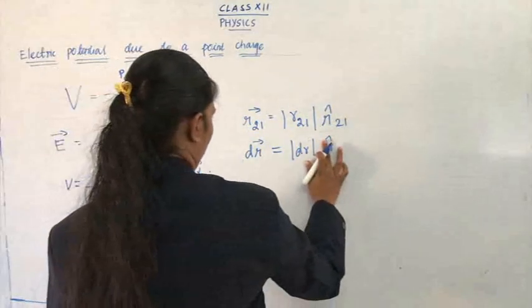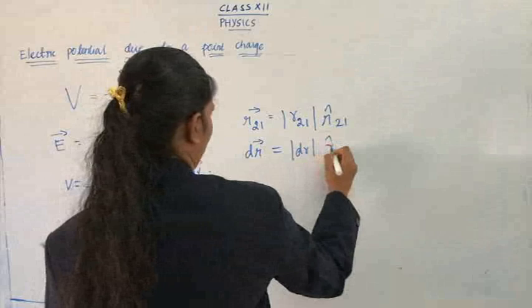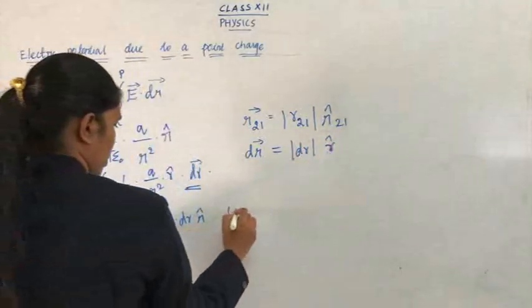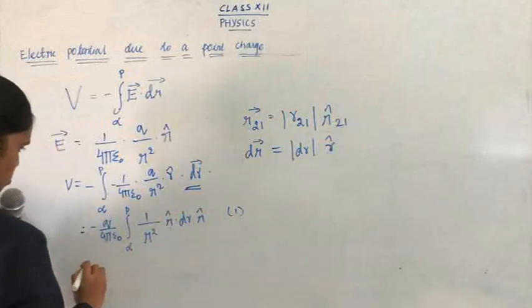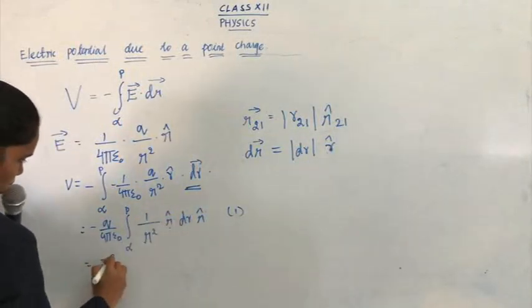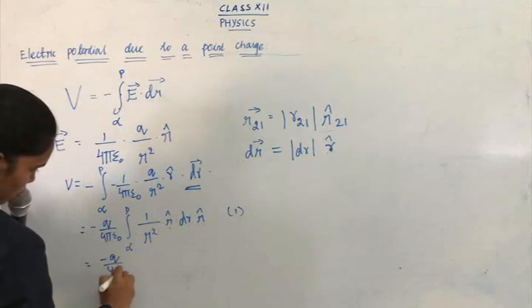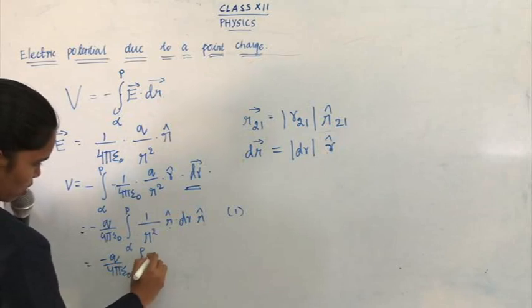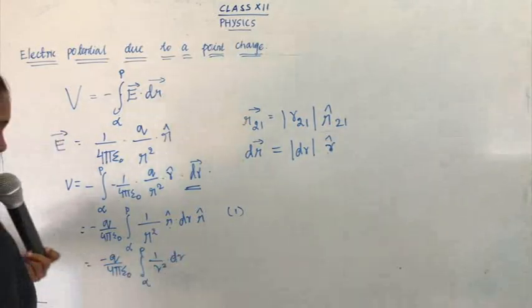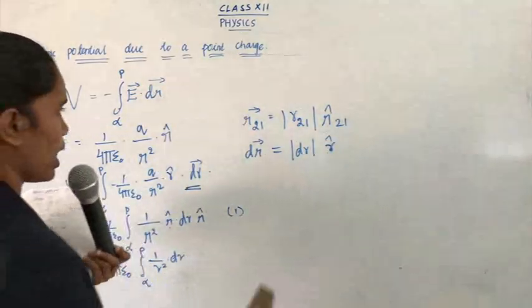If it is R cap, then R cap into R cap is 1. So only dr will be here: minus Q by 4 pi epsilon 0, infinity to P, 1 by R square into dr. Now we are going to integrate it.